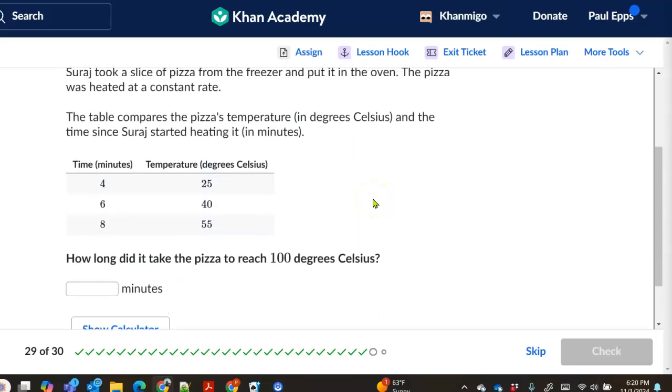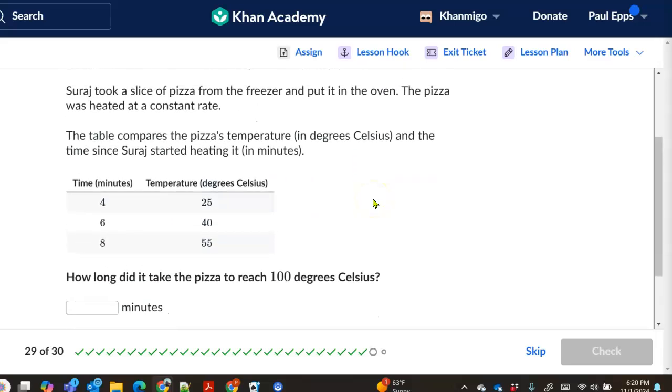Okay. So Raj took a slice of pizza from the freezer and he put it in the oven. The pizza was heated at a constant rate. The table compares the pizza temperature and the time since he started heating it. All right, it's being heated at a constant rate. I want to know how long it takes the pizza to reach 100 degrees Celsius.